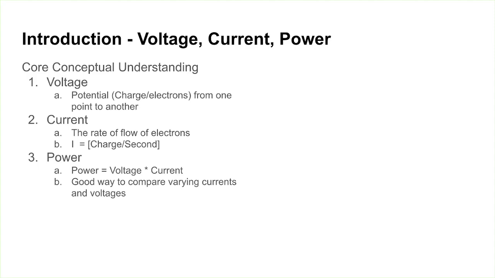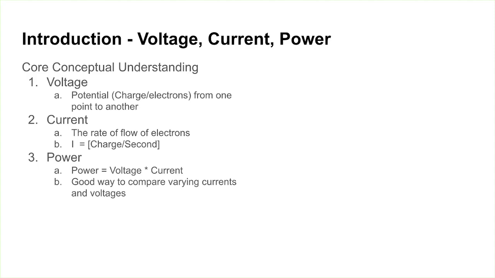So voltage is the potential of charge or electrons from one point to another, and the general conceptual understanding we're going to use in this series will be water. The voltage can be thought of as the potential of water in a water tower.